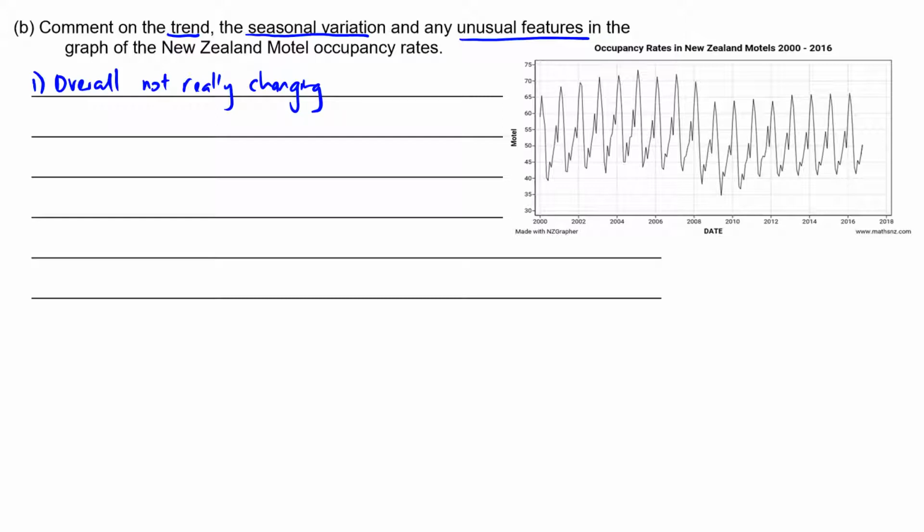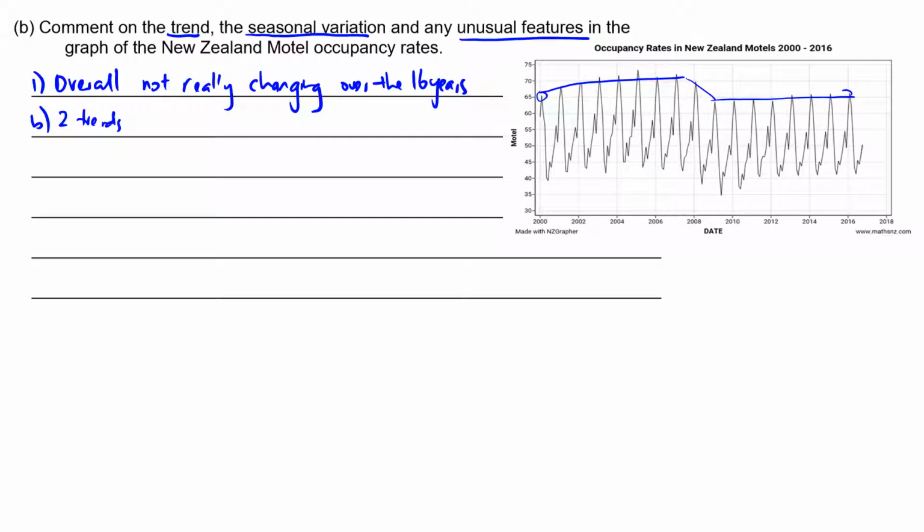Because it's sort of going up and down, and really this 65 matches with that 65, so it's not really changing overall, not really changing over the 16 years. But there is a second part to that, like if you can sort of follow, there's an increasing trend there, then there's a drop, and then there's sort of another increasing trend. So there's sort of 2 trends, if you like.